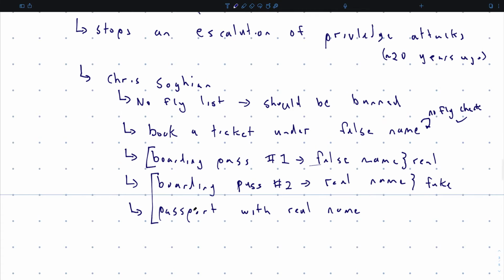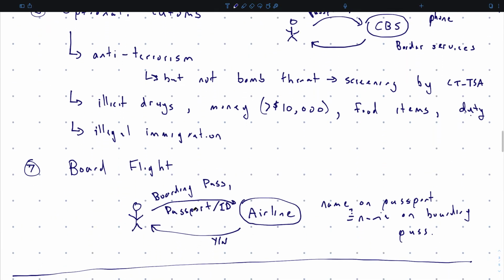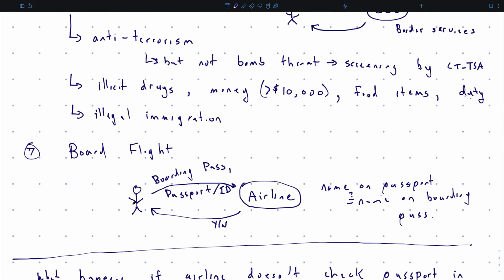Okay, and so the only time you get caught, if you stare at this procedure, is actually at this last step. That's where you have to show a boarding pass to the actual airline that has that information, and you have to show your passport with it, and so they should match. So the name on the passport needs to match the boarding pass, and then maybe I should add, as a second check, that the flight information exists.